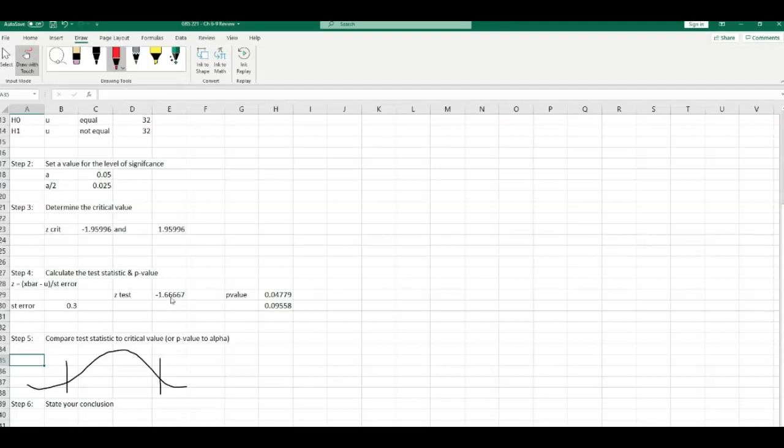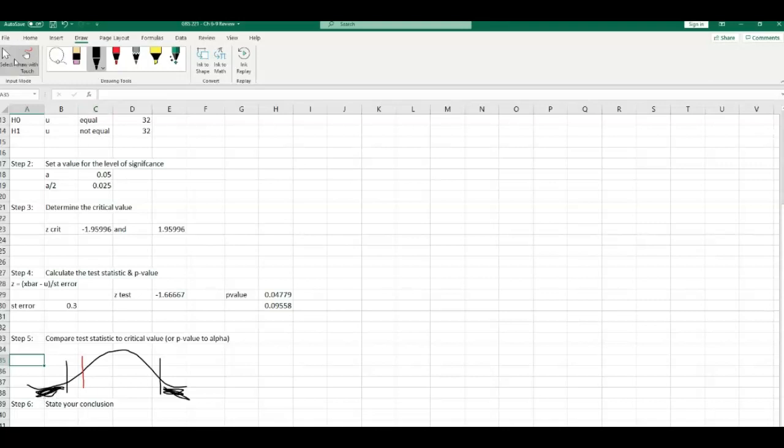Our test statistic would come in at 1.67. So they are in the middle between our two critical values. These tails over here, to the right and to the left of our critical z-scores, those are our rejection zones.